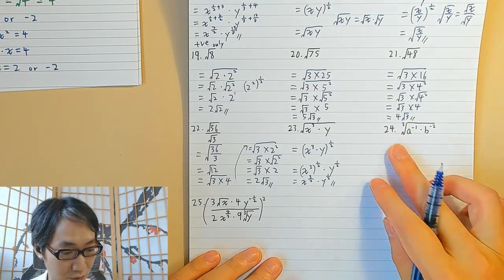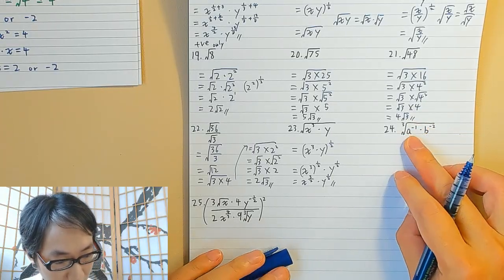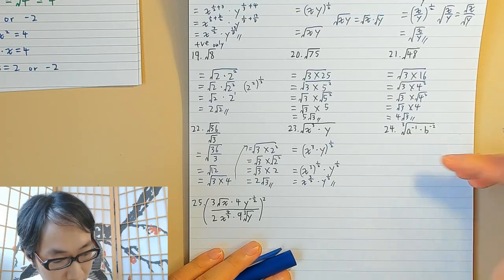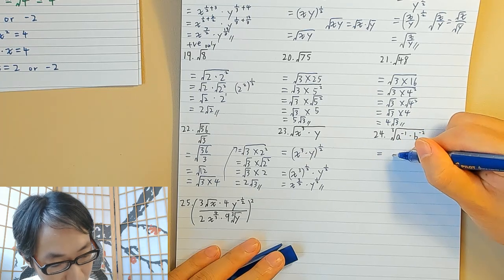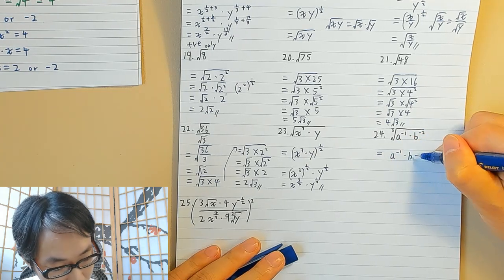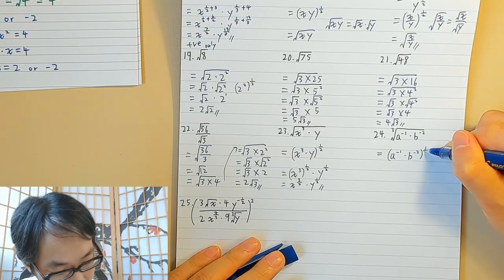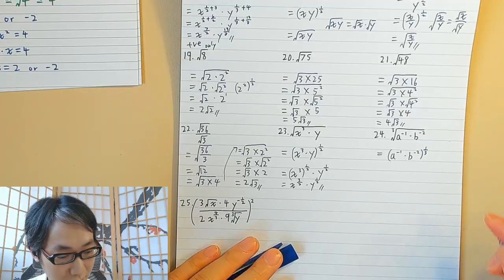Number 24. So this is a root, a cube root. So we can turn it to indice first, to the power of 1 over 3. Then we distribute the indice.